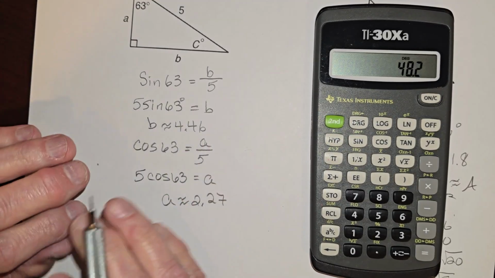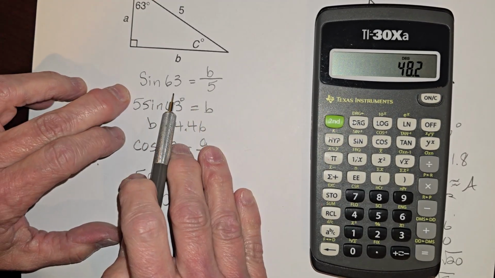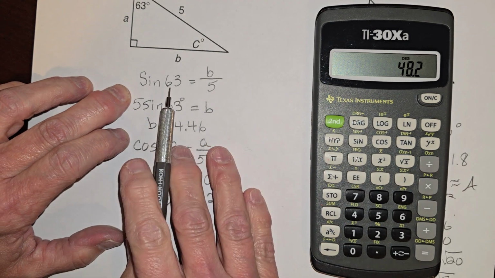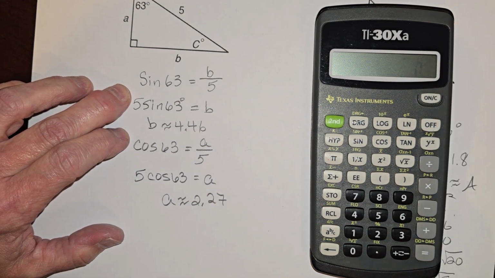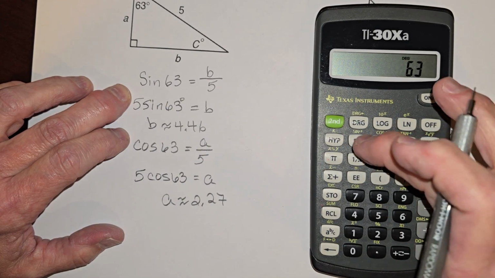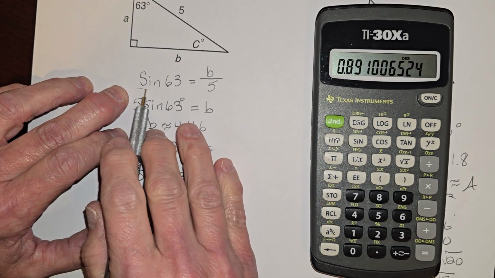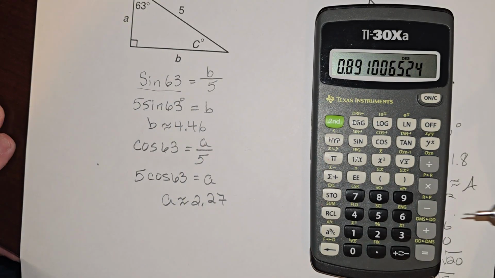Don't try to divide by 63 or something crazy. But when you try to find the sine of 63, your calculator wants to hear it backwards. They want the 63 first, then hit sine. Make sure you write it in this order, but you punch it in backwards order. I know that seems difficult, but that's the way it is.